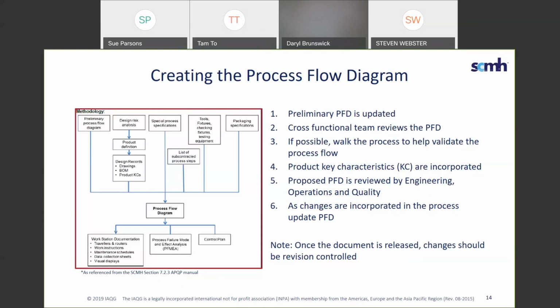And then the proposed process flow is reviewed by that cross-functional team again for concurrence. So as changes are incorporated throughout the product lifecycle, we want to update the process flow. To help you in creation of these process flows, the checklist can be found under the Supply Chain Management Handbook, and that can help you get started.